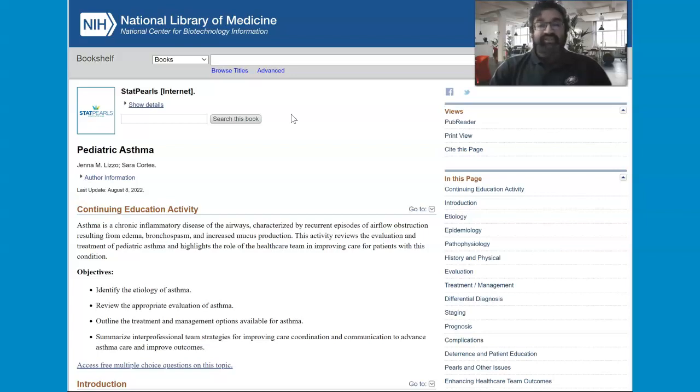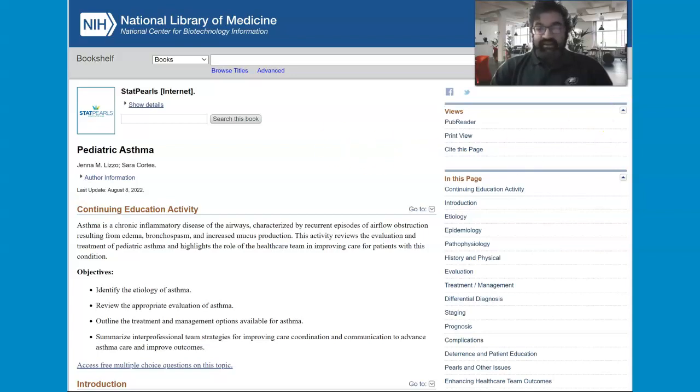The StatPearls website from the National Library of Medicine is a great resource for many different things, statistical techniques, different subjects. It's good to go in and look at some of these.